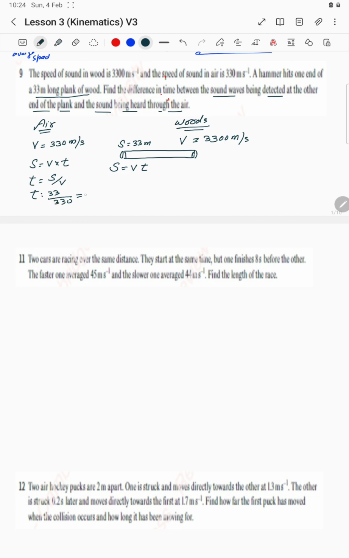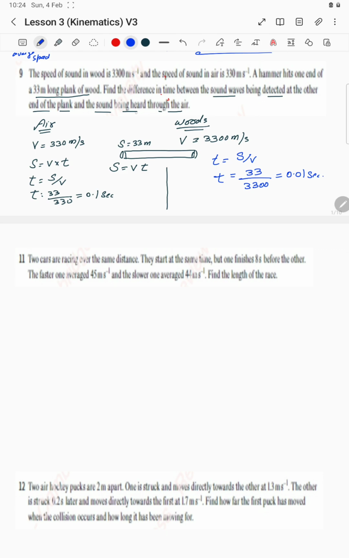So it comes to be 0.1 second when it's time of sound in air, and on the other hand T is equal to S over V. S again remains 33, and V here for wood is this one, it's given. So on calculator we can get it will be 0.01 second.